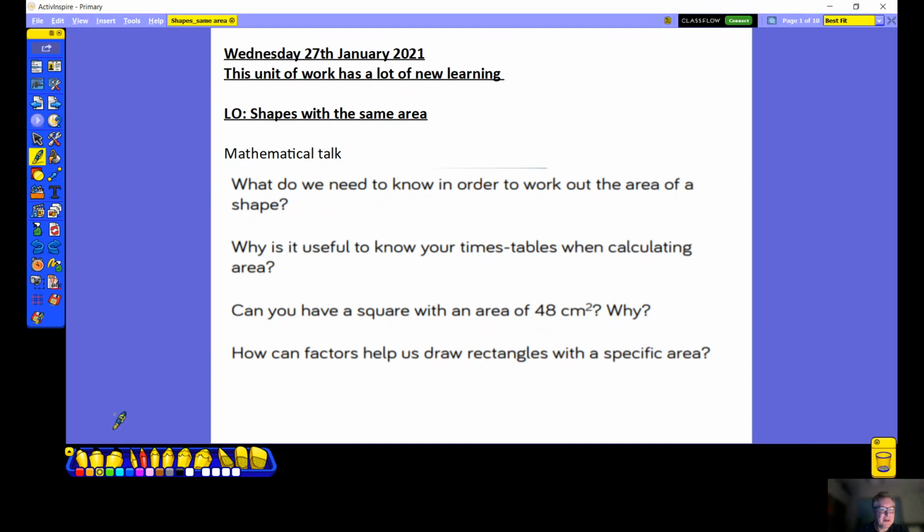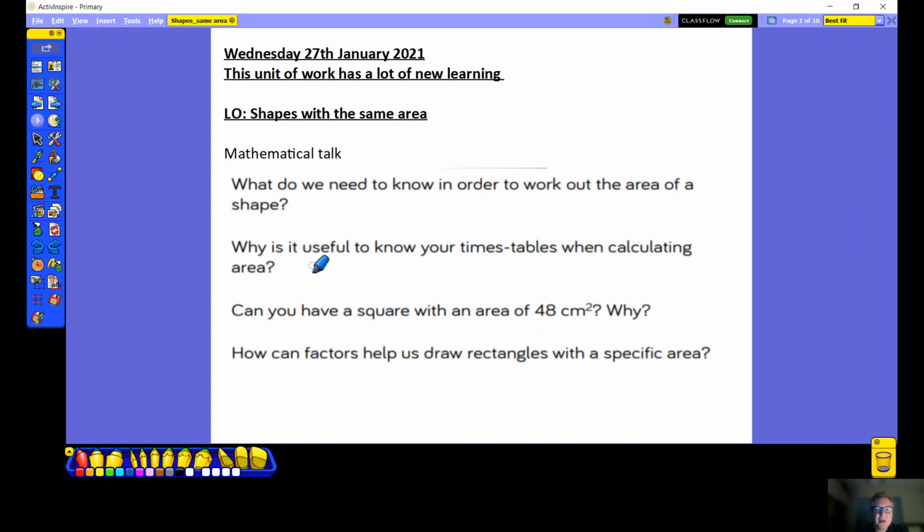Just going to collect myself in case I'd like to do some jottings. So we're going to start with some mathematical talk as part of our review. What do you need to know in order to work out the area of a shape?